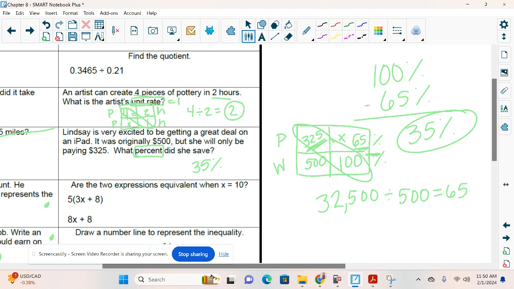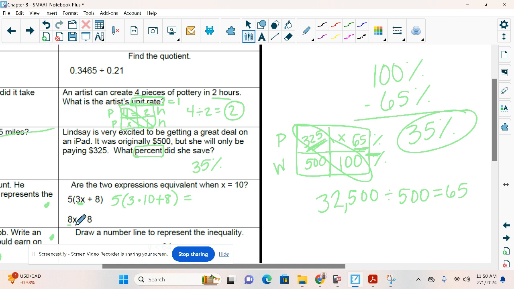In the next question, it says, are the two expressions equivalent when x equals 10? This is kind of like that IXL assignment that we've done earlier this week where we replace the x with the 10, but when we have 3 and x, that means multiplication. So we can replace 3 times x with 3 times 10 plus 8 and put that into our calculator and see what we get.